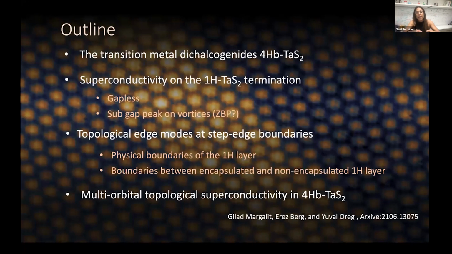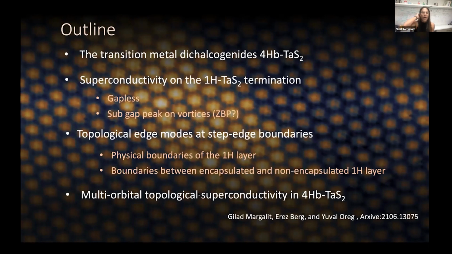On one of them, the 1H will be encapsulated symmetrically from top and bottom by 1T layers, and on the other, there will be asymmetric encapsulation only from the top, and we will see that we also see a boundary in between. I'll explain and show why we understand the existence of the edge mode at this boundary.